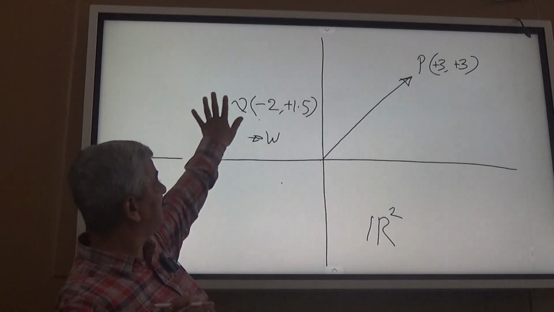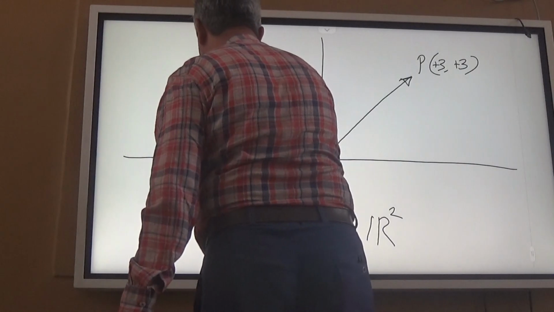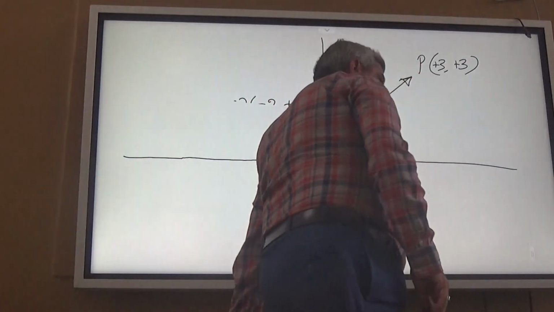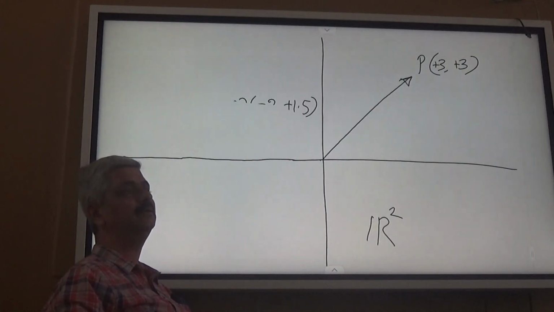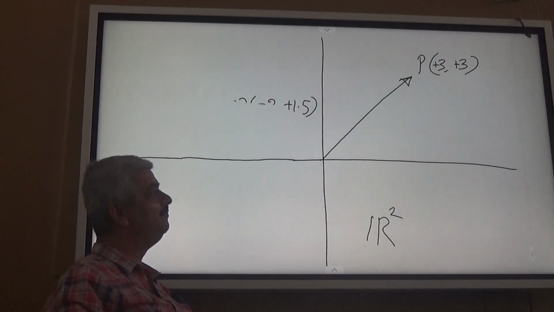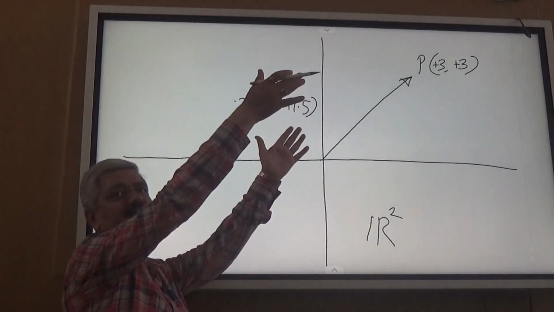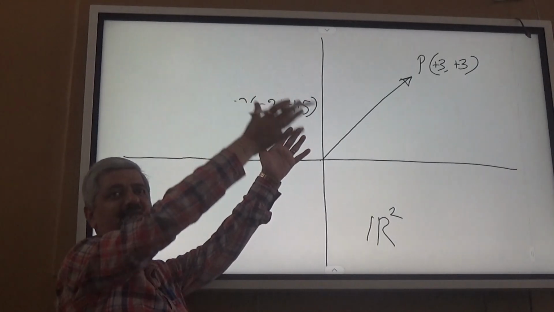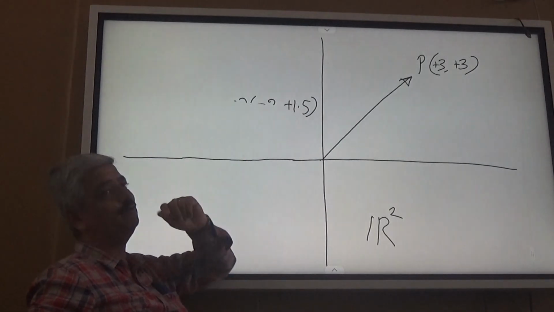Right now we consider two-dimensional space only. So what we do? We map here. Just in front of this, maybe 1 foot ahead, I will have another plane. Try to understand.